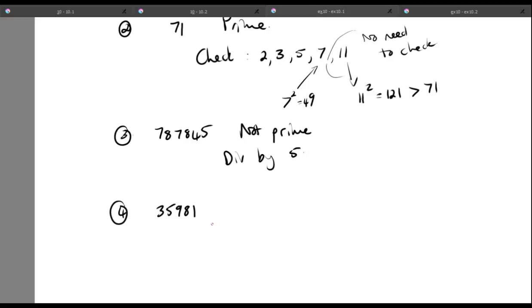So can we find a number that is divisible by this guy? Well, not 2. Adding up the digits, that's 8, 17, 25, 26. Oh, that is not divisible by 3. That's unfortunate.